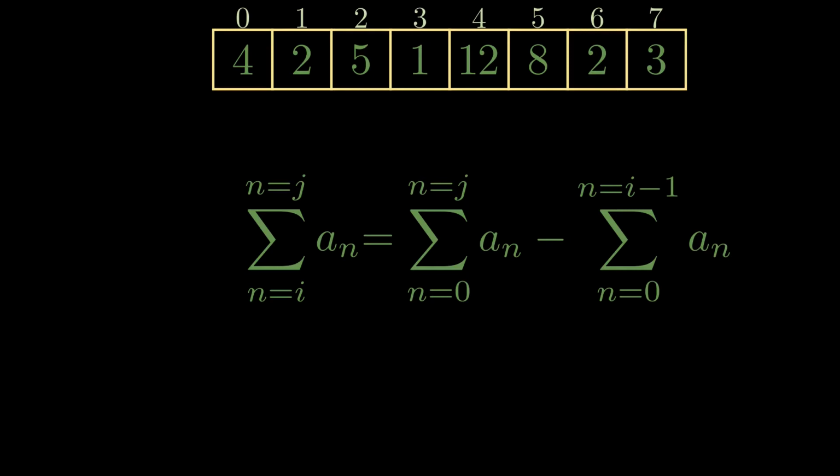So we reduce the possibilities from n squared to n. So basically, if we know the value of all these sums from 0 to any index, then we can answer any query i and j. Now let's take a closer look at these values.